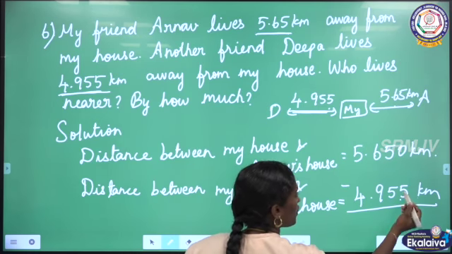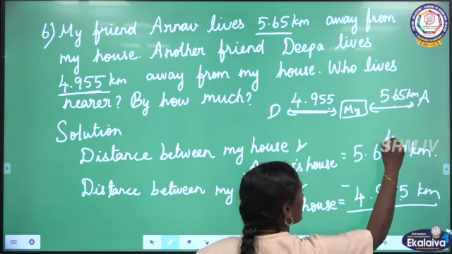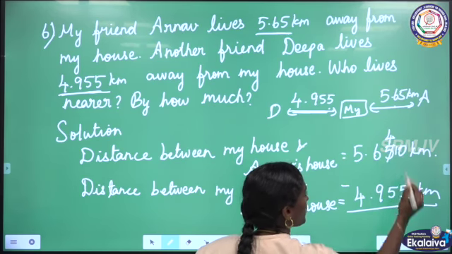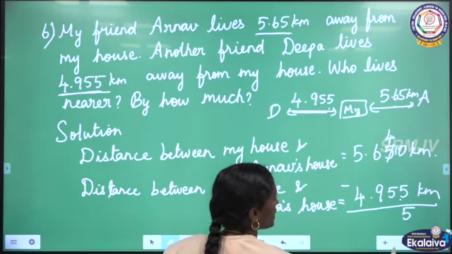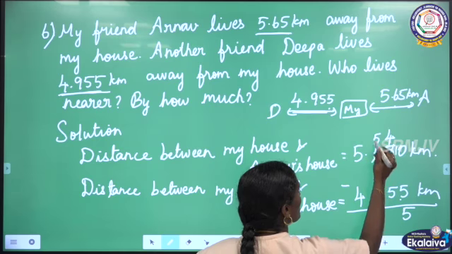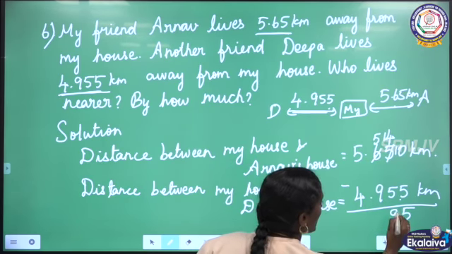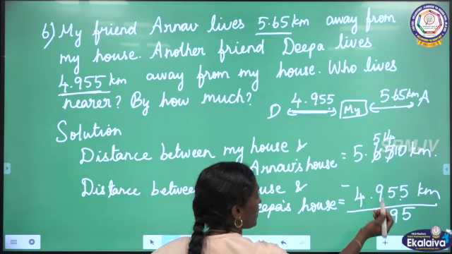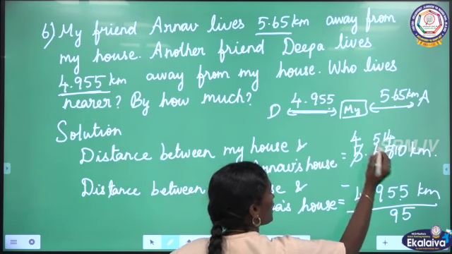Okay, here 0 minus 5 we can't do the subtraction. So we have to borrow from 5. 5 will become 4. This 0 will become 10. 10 minus 5, 5. Here 4 minus 5 we can't do the subtraction. So we have to borrow from 6. 6 will become 5. 4 will become 14. 14 minus 5, 9. Here 5 minus 9. Again we have to borrow from the next number. 5 will become 4.